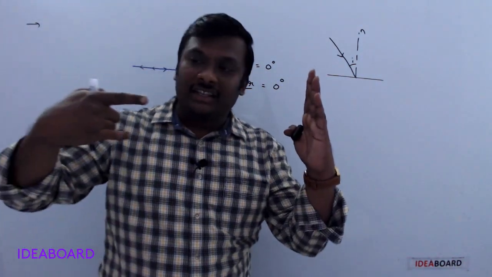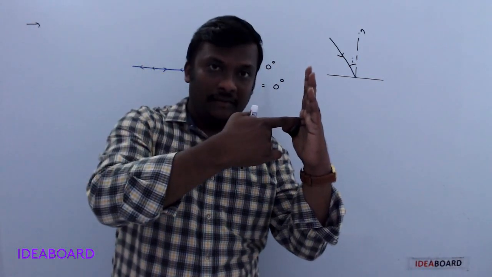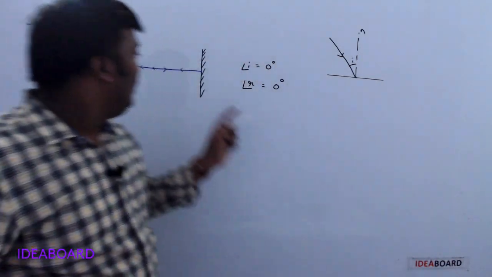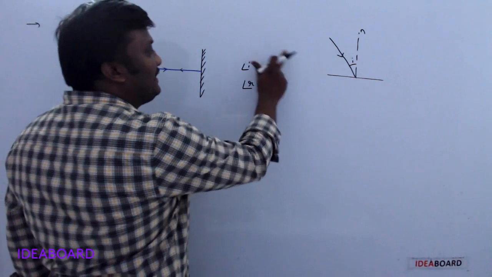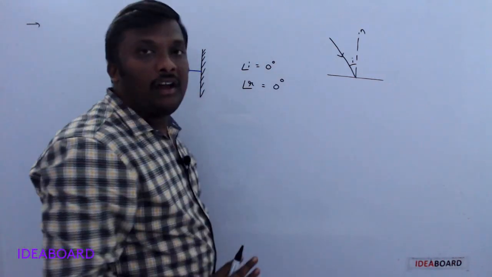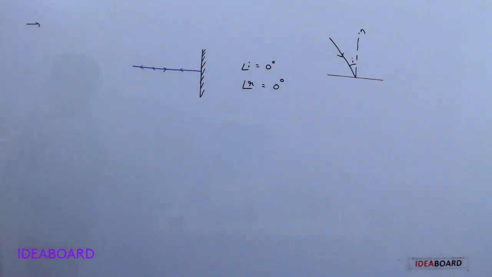So normal incidence means angle I is 0, angle R is equal to 0. Clear? In wording, what may be written?